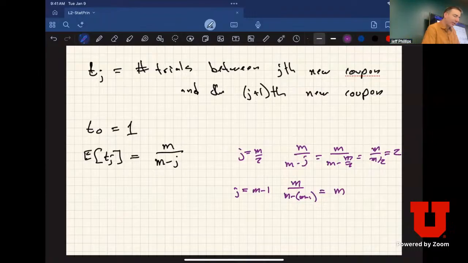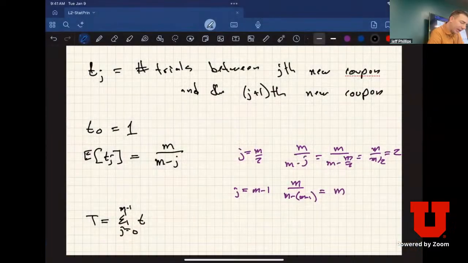Okay, and so now I can write the total expected time. The total time is going to be the sum of j equals 0 up to m minus 1 of t_j.